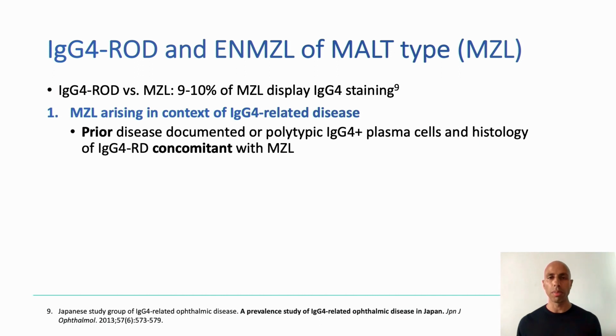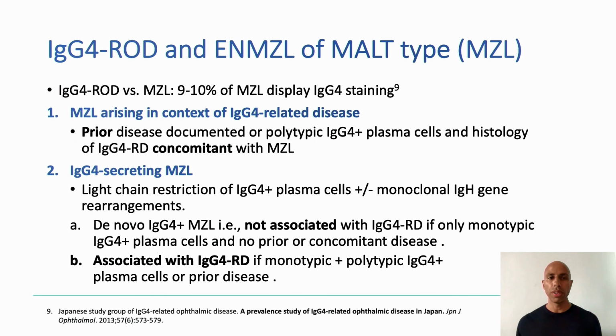So those were patients who had prior disease documented or polytypic IgG4 plasma cells in histology of IgG4-related disease concomitant with marginal zone lymphoma, or IgG4 secreting marginal zone lymphoma. And those had light chain restriction of IgG4 plasma cells plus or minus monoclonal Ig heavy chain rearrangement. And they could either be de novo, so not associated with IgG4-related disease, if only monotypic IgG4 plasma cells and no prior or concomitant disease, or those associated with IgG4-related disease.